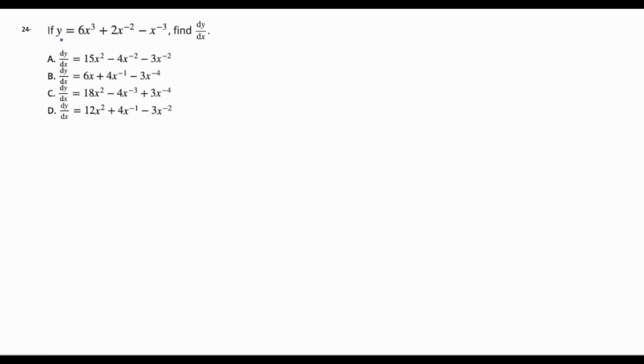Question 24 says, if y is 6x cubed plus 2x raised to power minus 2 minus x raised to power minus 3, find dy dx. So we have 6x cubed plus 2x raised to power minus 2 minus x raised to power minus 3. And they want us to differentiate all of this with respect to x.